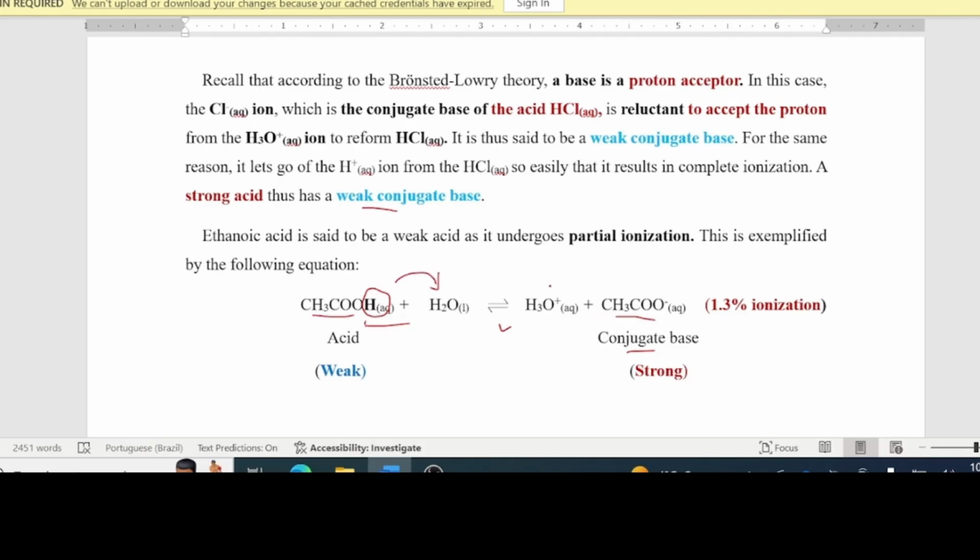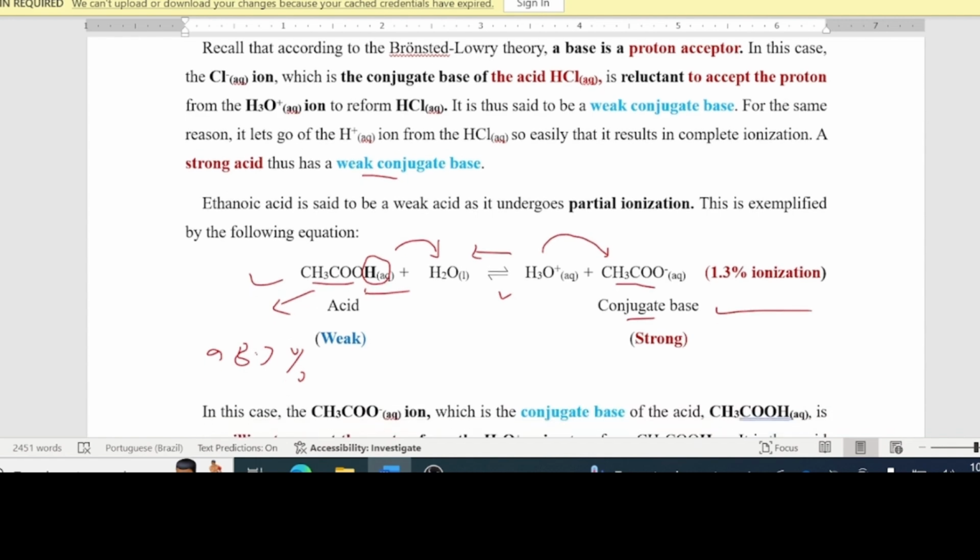In the reverse reaction now, where this guy is going to try to donate the hydrogen to that one, the ethanoate ion is willing to accept the H plus ion. That's why it is now going to go and form acetic acid, where this is 98.7% in solution. So because this is willing to accept that proton, we say, so two points: a strong acid has a weak conjugate base, and a weak acid has a strong conjugate base.